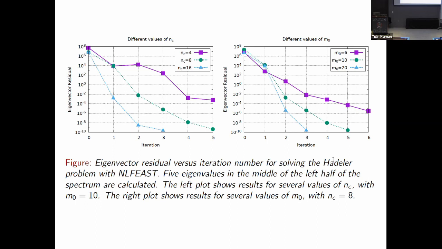This is the number of iterations of the subspace iteration. And the same holds depending on the size of your subspace. If you have a larger subspace, you have more directions to search, so the accuracy is better, but each iteration is more expensive, because we have to solve more linear systems.